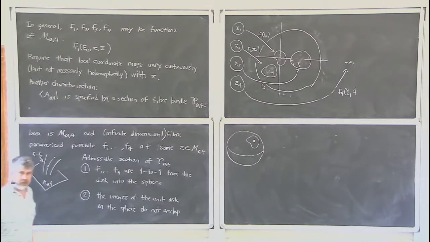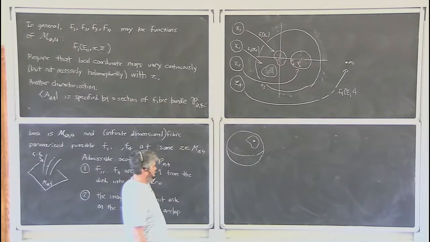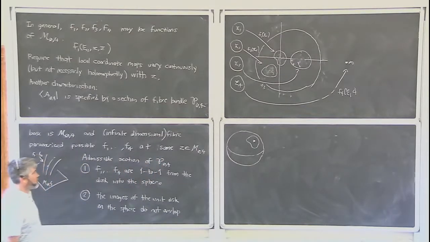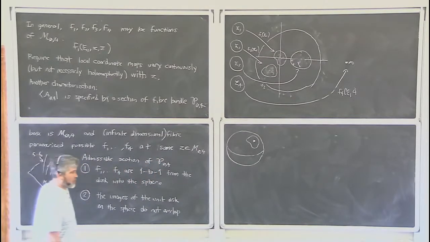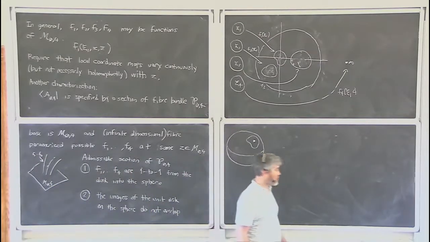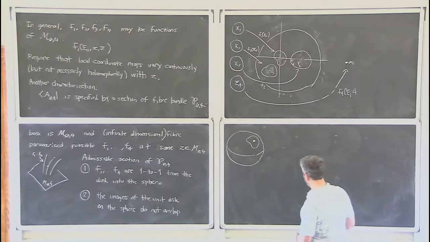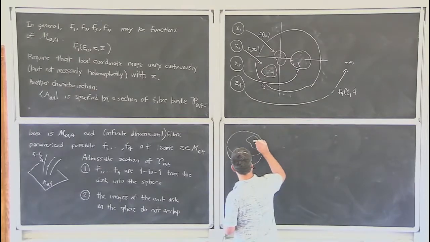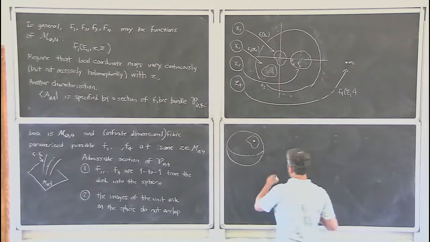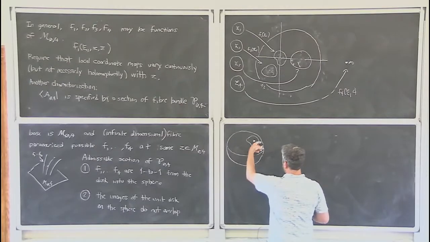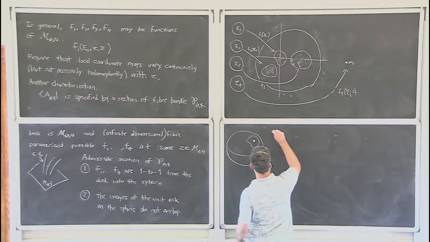So we want to consider what happens if we try to evaluate this correlator with a more general state. What you are supposed to do is take this little region on the sphere and remove it.